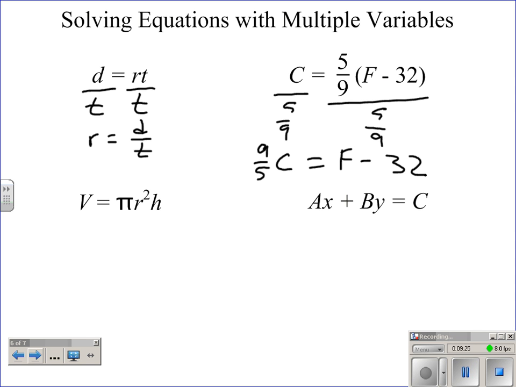Finally, F must be equal to 9/5 C plus 32. Switching the expressions so that F is on the left, the result is F equals 9/5 C plus 32.